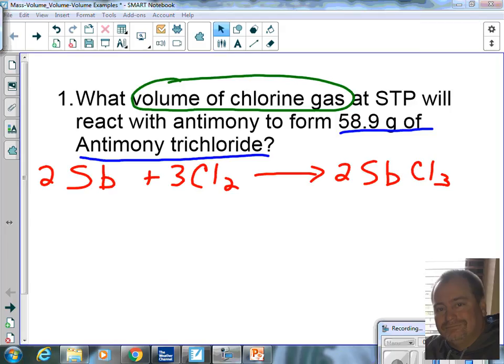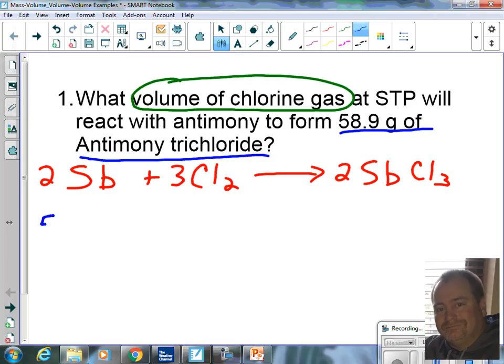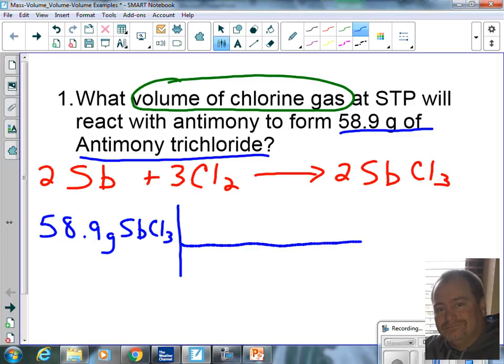All right, my first step is to convert my grams to moles. So you just calculated the molar mass. I have 58.9 grams of antimony trichloride, and I need to convert that to moles.